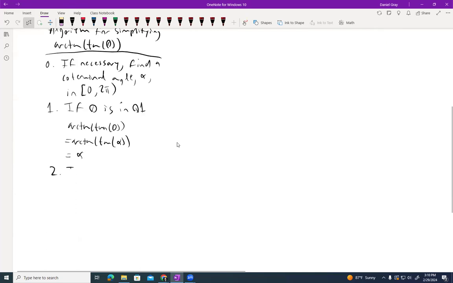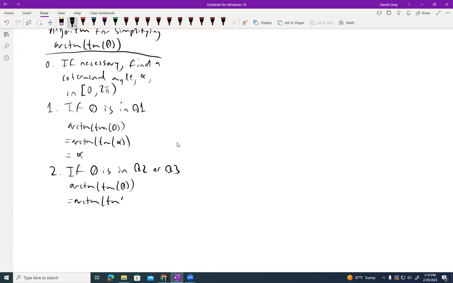Now, if theta is in quadrant 2 or quadrant 3, here's what we can do. Arctangent of tangent of theta is the same thing as arctangent of tangent of alpha by coterminality. But here's the thing. Tangent has a period of pi. So tangent of alpha is the same thing as tangent of alpha minus pi.